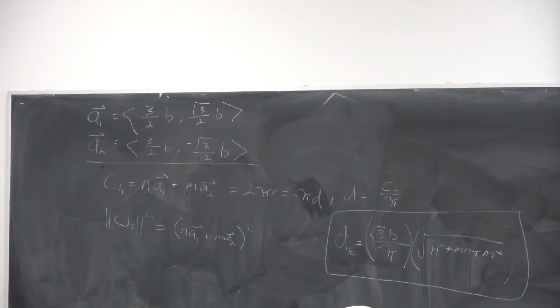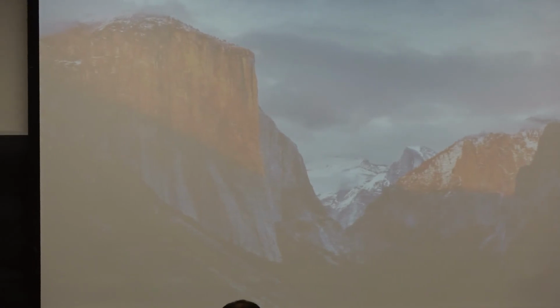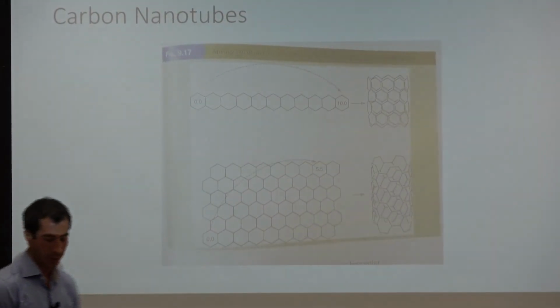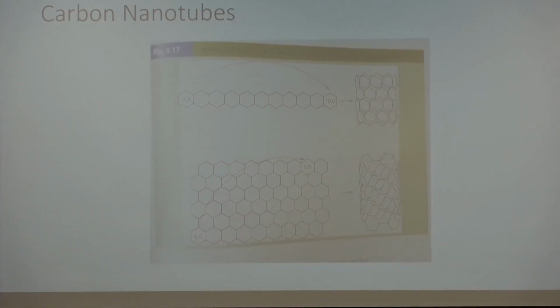What else? So we talked briefly about how there's different kinds of carbon nanotubes and how this naming convention is based on what it looks like when we would fold these.